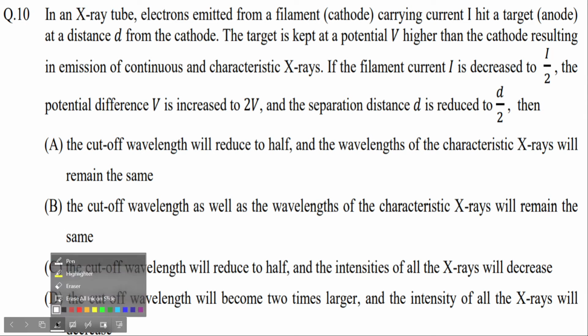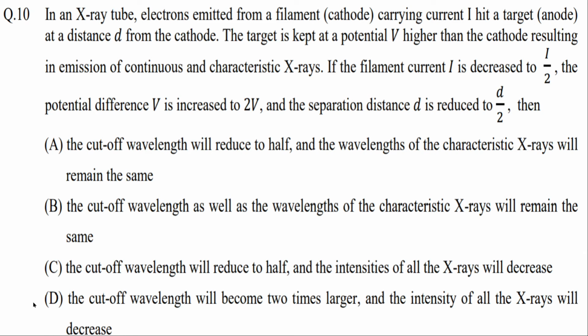So now we have this problem. In an X-ray tube, electrons are emitted from you see this question. Just read it once, then I'm going to draw the diagram and simultaneously do the problem.